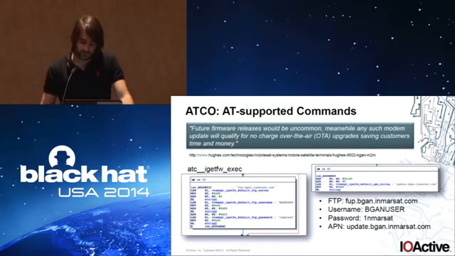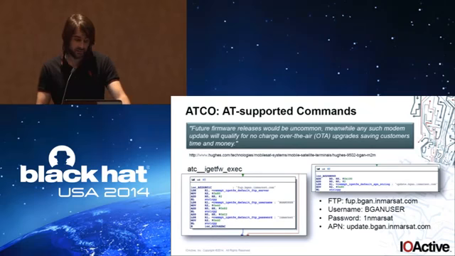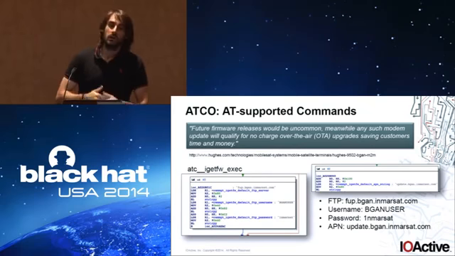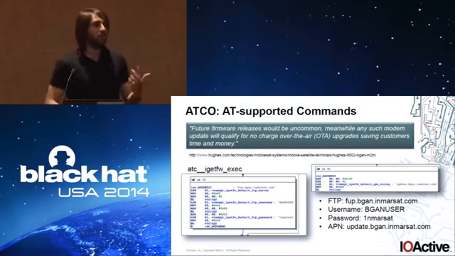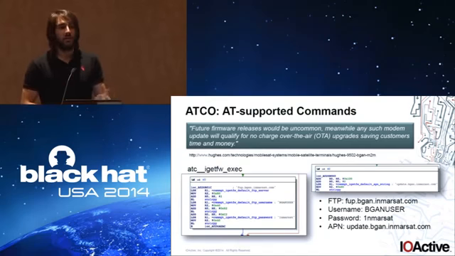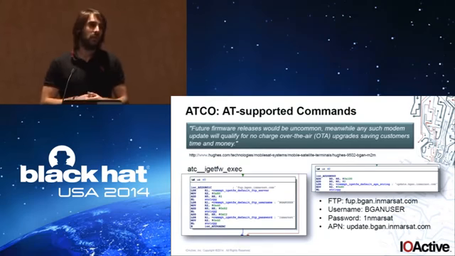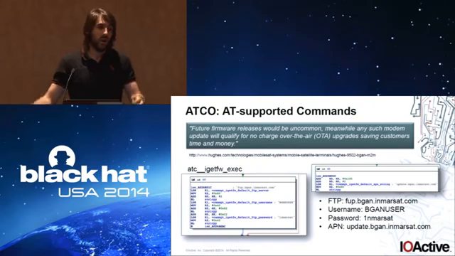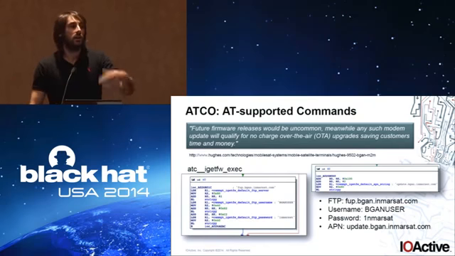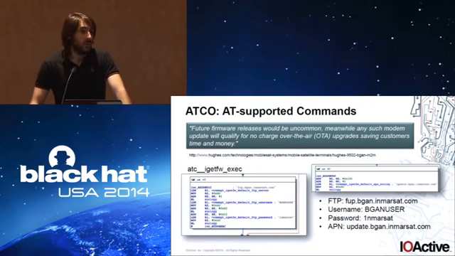So there is an FTP server which can be accessed once you are authenticated through the APN, and there are some hard-coded credentials that can be used to access the FTP server. Obviously, the problem is if those credentials have write access to the FTP server, because you can upload a firmware file and then all the terminals will be infected.